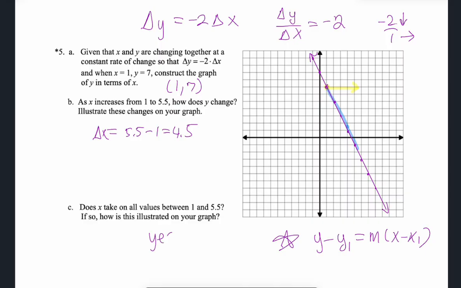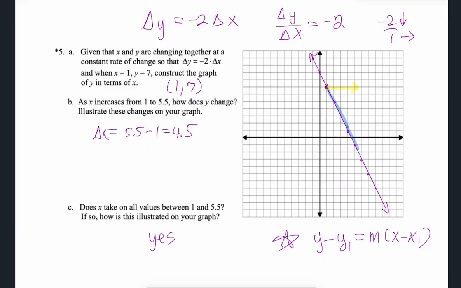So yes. How do we illustrate that? As I drew that portion of the graph, as I went from an x value of 1 to an x value of 5.5, I never had to lift my pencil from the graph. So if you don't have to lift the pencil to create it from point A to point B, all the values from there to there are included. We call that part of the graph a continuous portion of the graph.